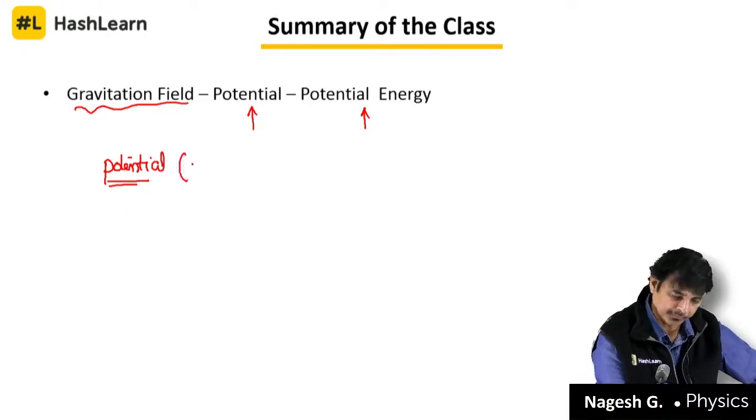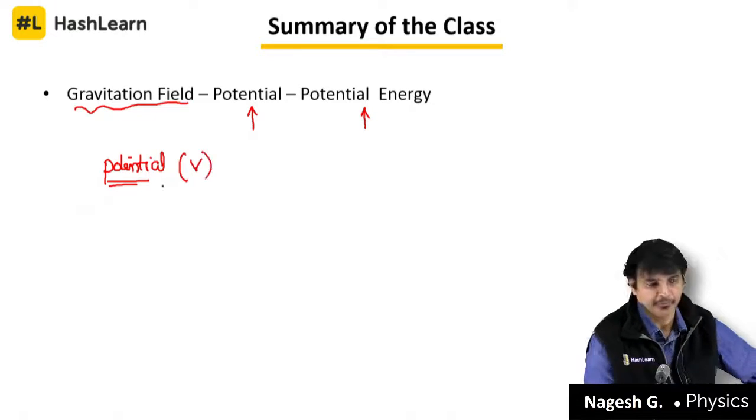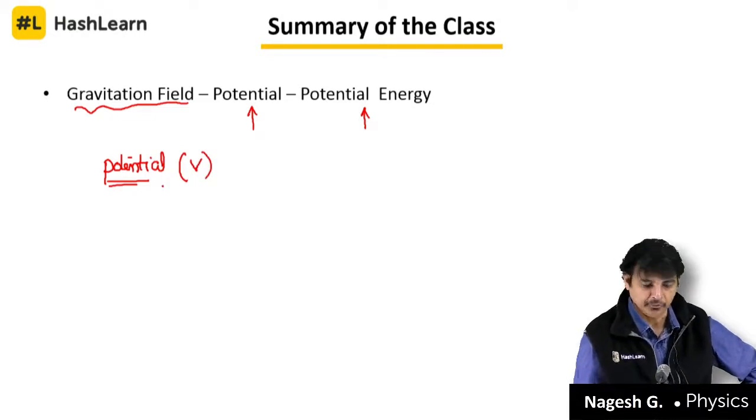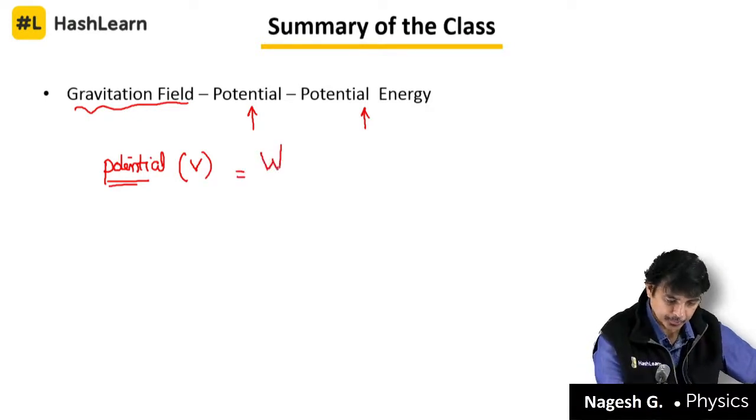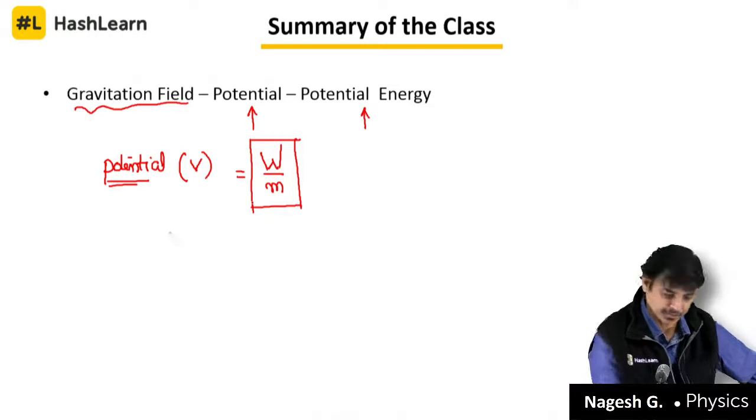So here the symbol for potential, similar to electrostatics, we designate it as V, is defined as work done, W, in bringing unit mass from infinity up to the point under consideration.